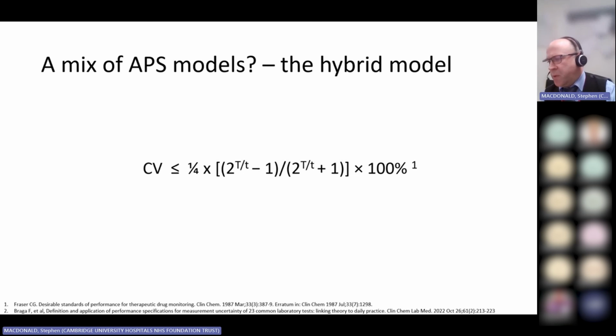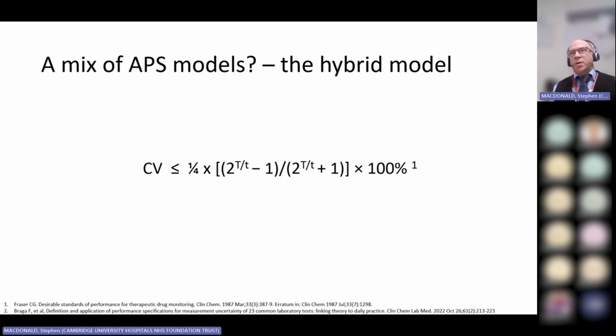So in that previous publication from 2021, digoxin was included as the single drug that was being monitored within there. I didn't mention it specifically, but they did suggest that there was a hybrid model that could be used based on the dosing regimens and the elimination half-life of the drug within the body.